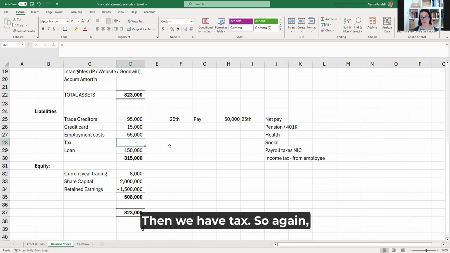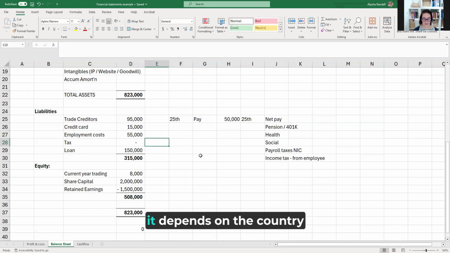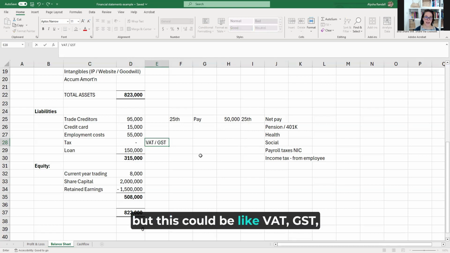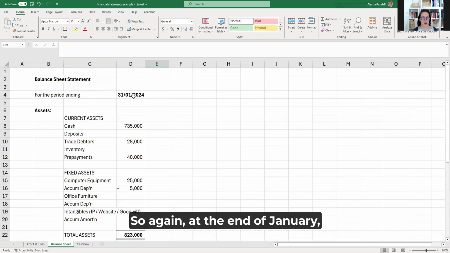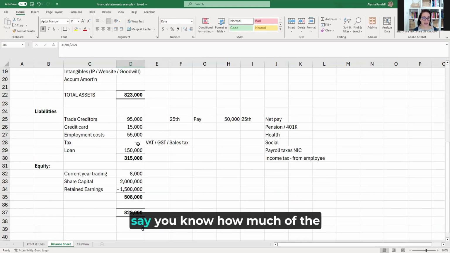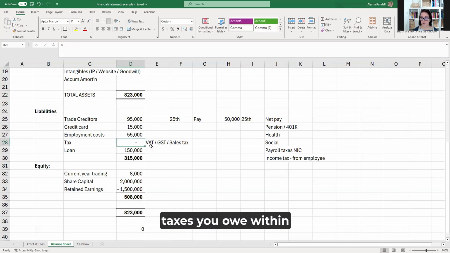Then we have tax. So again, it depends on the country that you're in, but this could be like VAT, GST, sales tax. So again, at the end of January, say how much of the taxes you owe within the current month, but it certainly won't be owing for months.